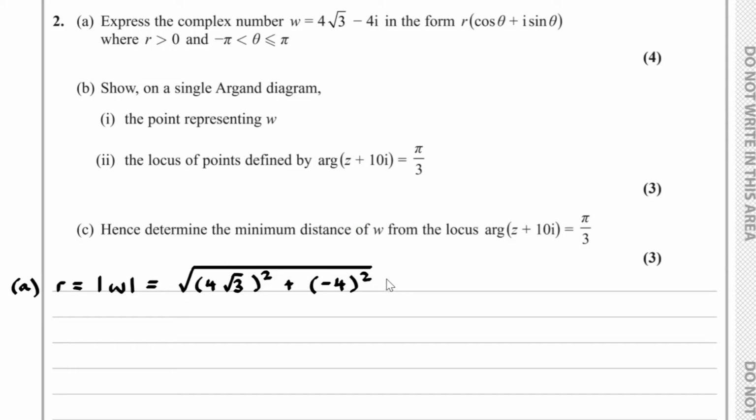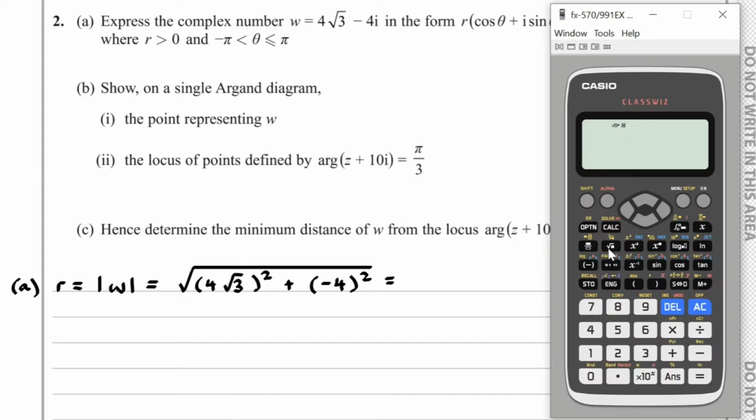If I work out the value of this, we have the square root of 4 root 3 squared plus minus 4 squared, and that's equal to 8.